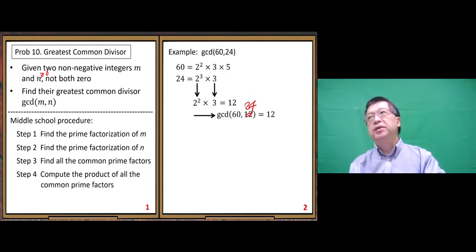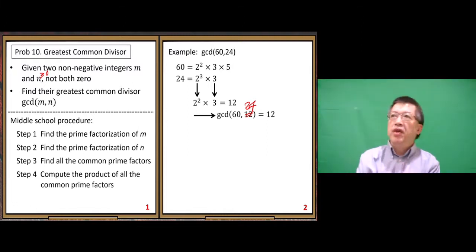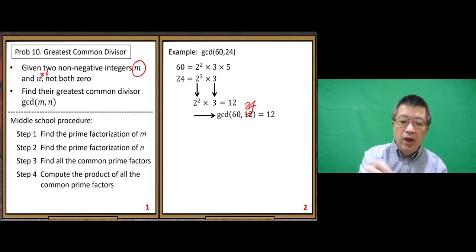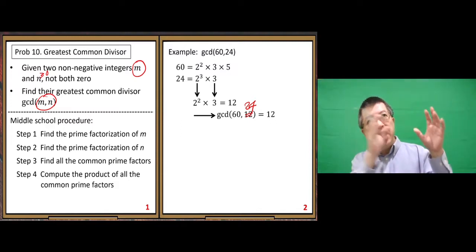Can you see there is something not quite good in it? Because when we need to solve it, we need to handle all the possible non-negative integers m and n.